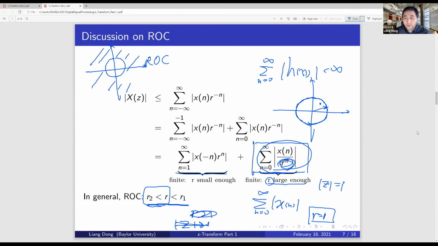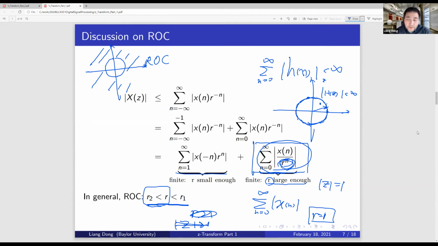I'm checking the unit circle to see if all these values will give me a stable output, a stable capital X or capital H. In other words, I want to pick up the z values around here. And I want to make sure that when you pick a z here, then H(z), or X(z) in this case, is finite.